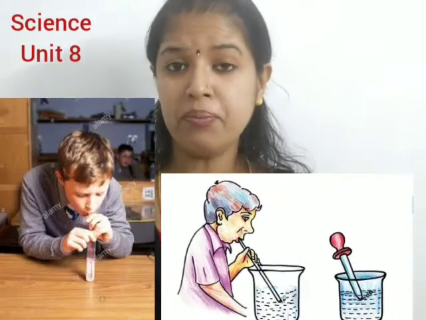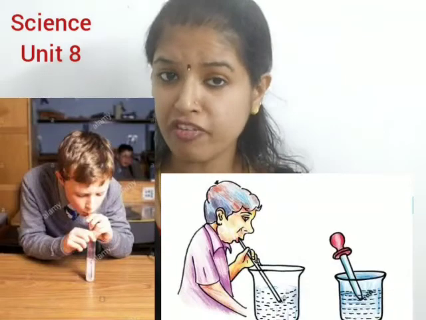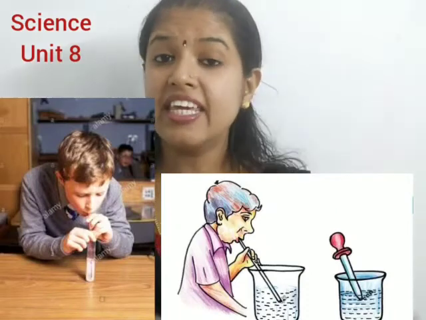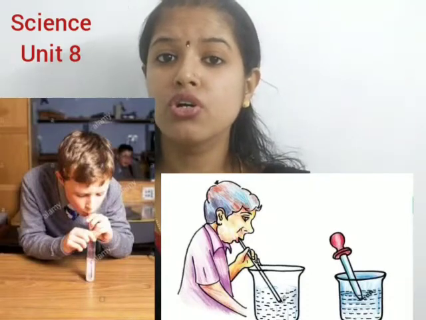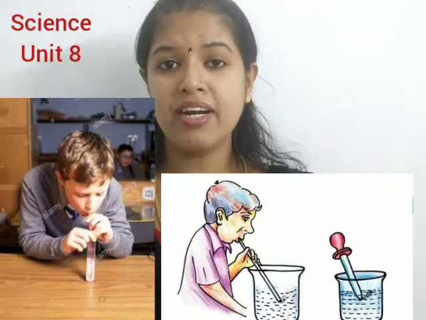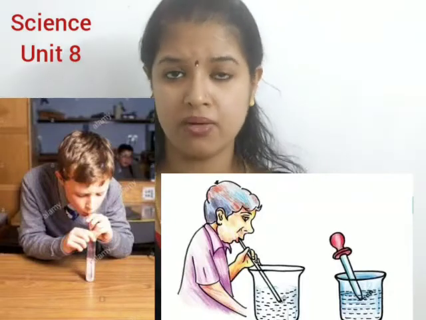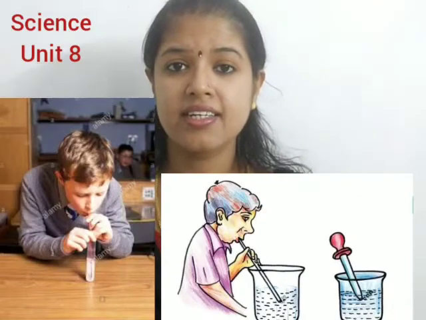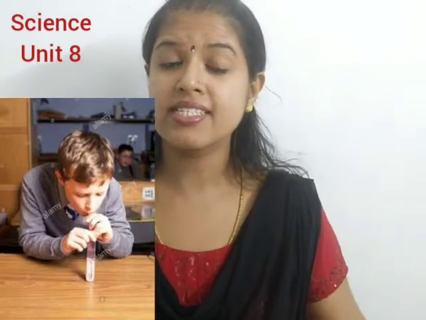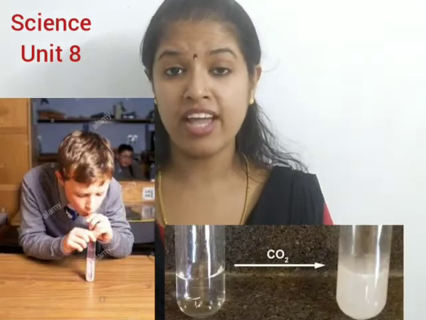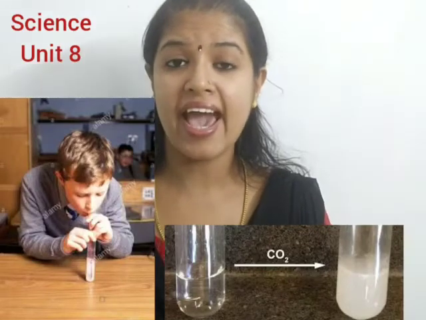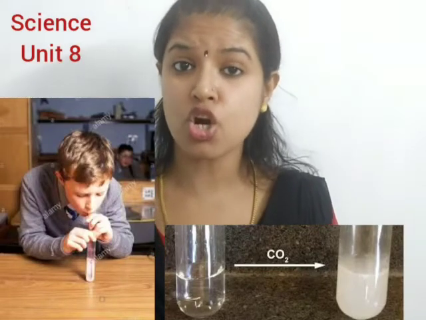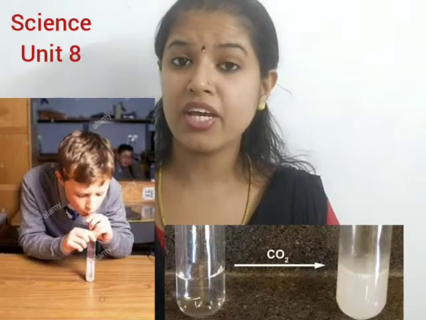And take another beaker. There also you fill it with lime water, and here you have to pass carbon dioxide using a dropper. After some time you can see that the lime water turns milky where the boy has blown using the straw. This is because the blown air contains carbon dioxide.